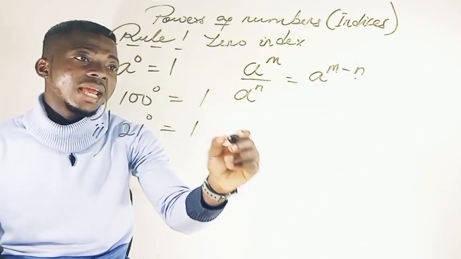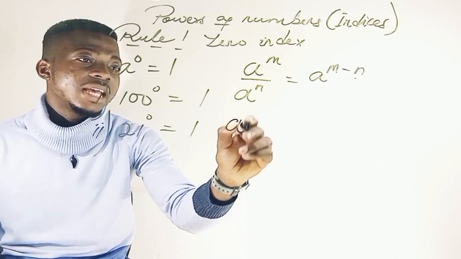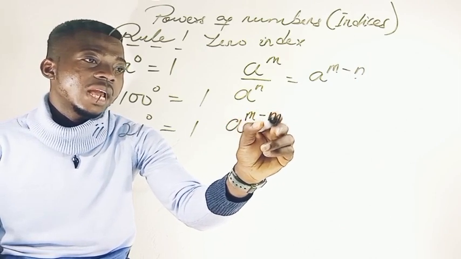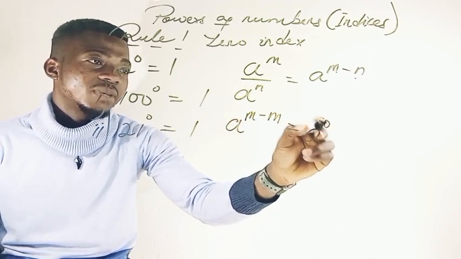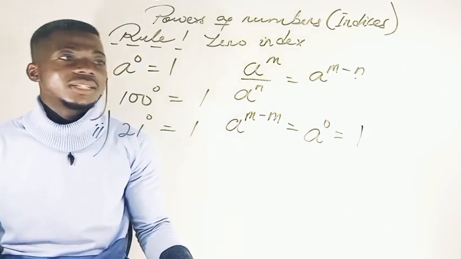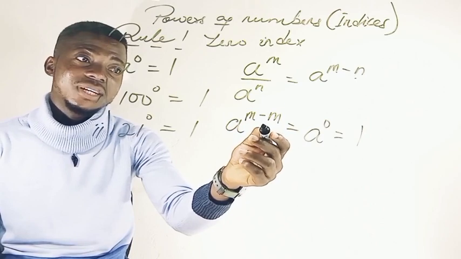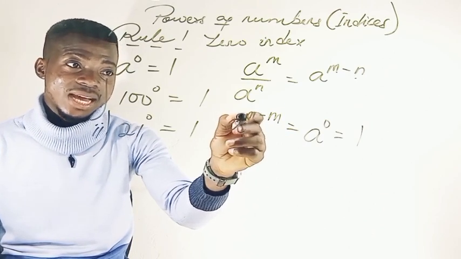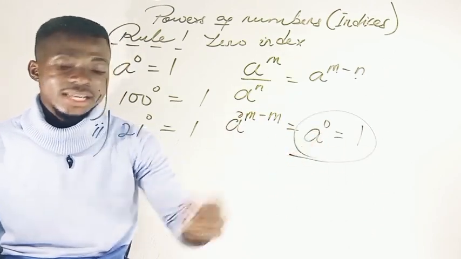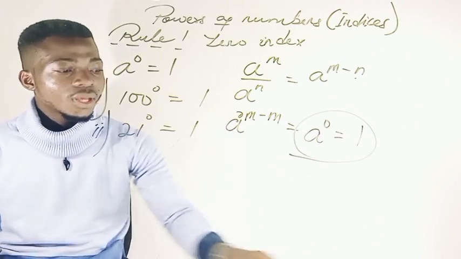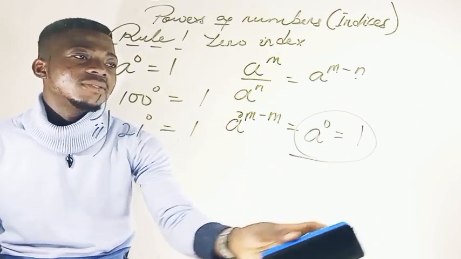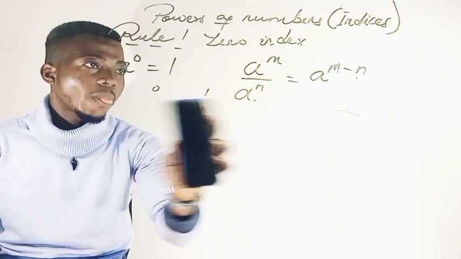So if we make that one m, we're going to have a exponent m minus m. That's going to give us a exponent 0, which is equal to what? 1. All right, because if you subtract that, you get 0, and that is everything is 1. Okay, and that's it. Now let's move on to the rule number 2.